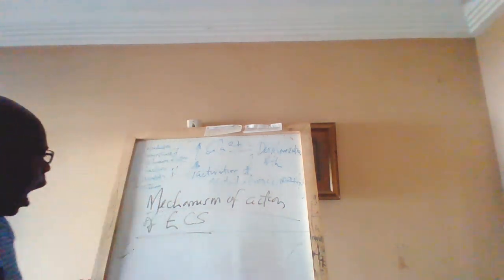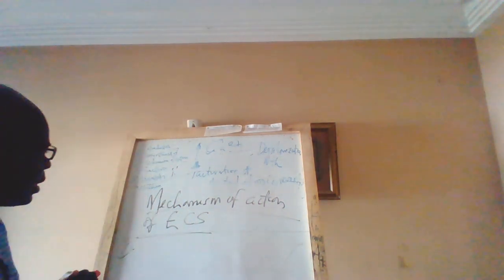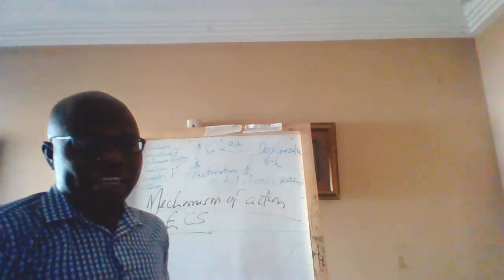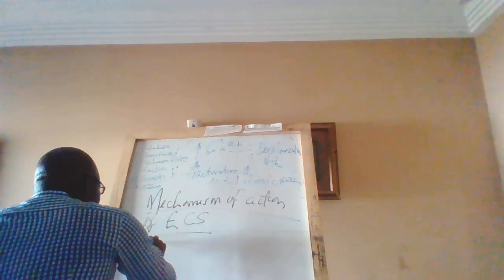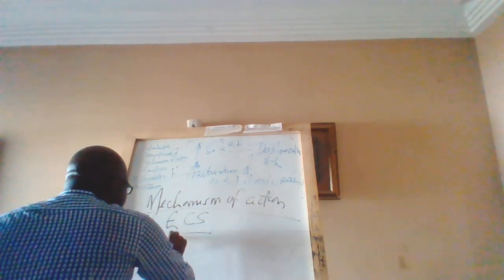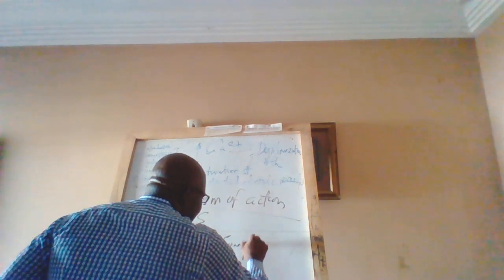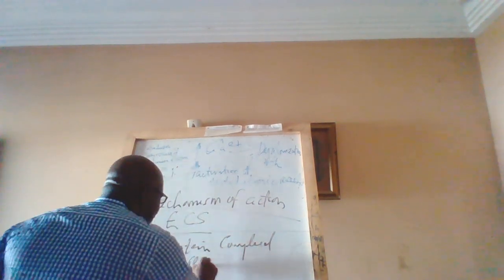Basically, the mechanism of action of the endocannabinoid system is via the G protein coupled receptor.